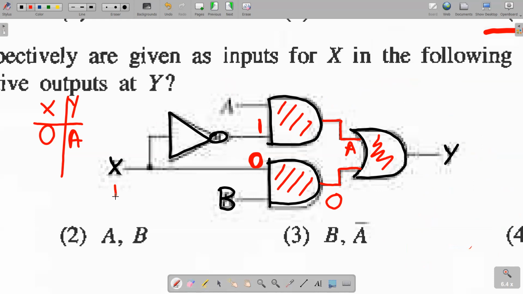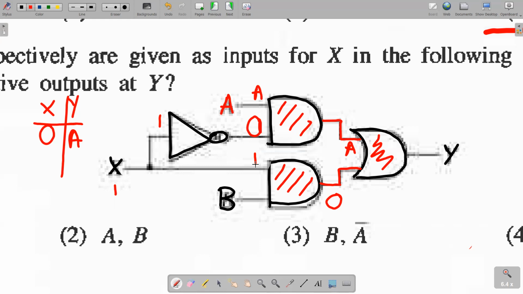Now when X is 1, that provides you 1 over here, which gives you a 0 over here. This gives you A, so it's going to provide you A. And here you are going to receive a 1. B can be anything.